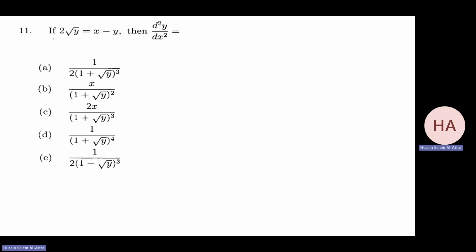Second derivative for this, for y prime. This one is what? 2y to the power half equals x minus y. Differentiate with respect to x. You get what? y to the power minus half y prime equals 1 minus y prime.